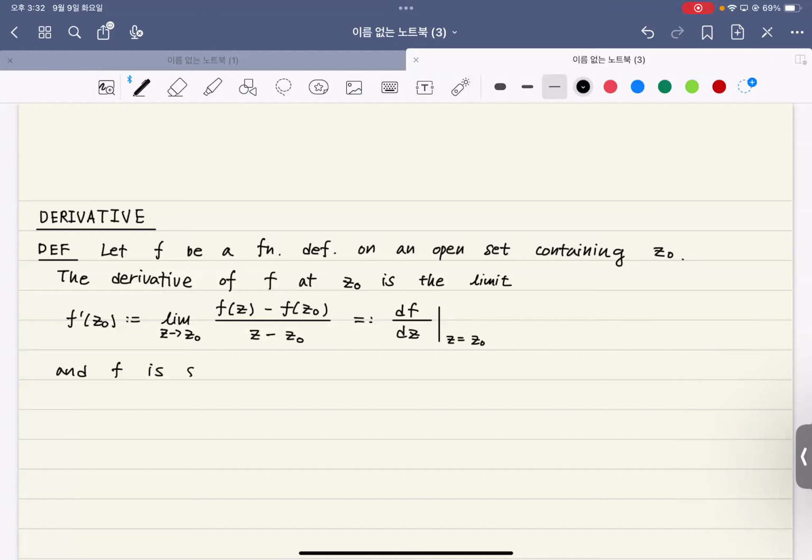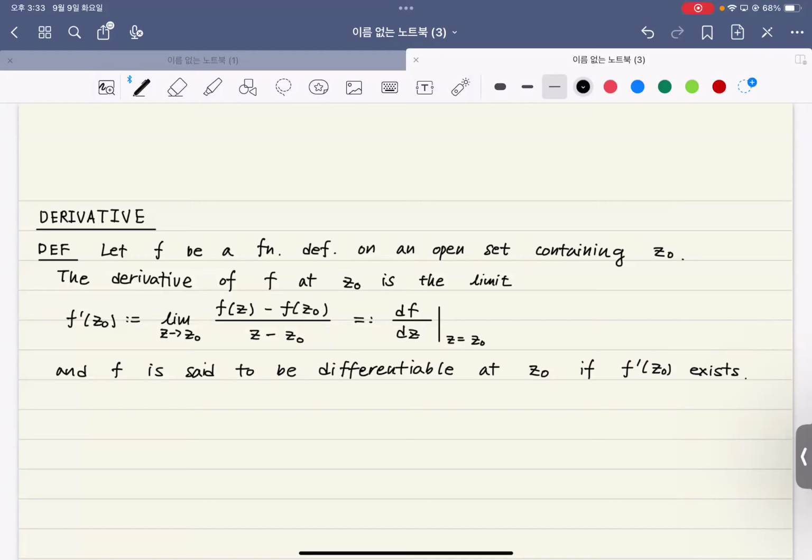F is said to be differentiable if the limit exists. All right, so this is our definition, but this is not my favorite version of the definition.